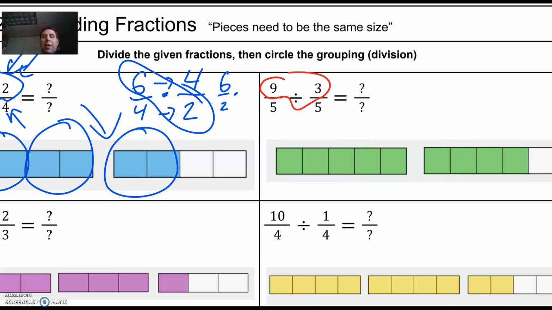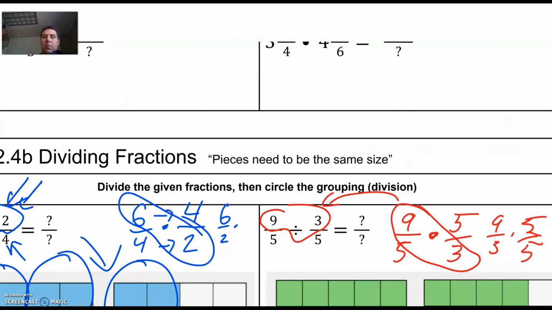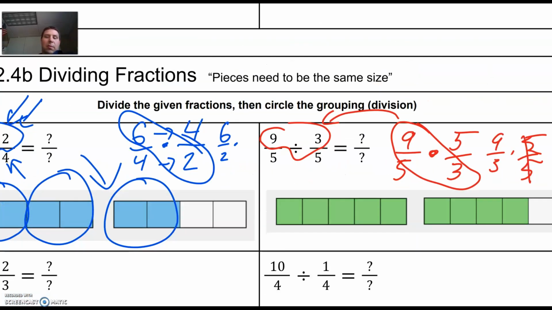Well, let's look at the whole thing: keep the first fraction, we're going to multiply, and then we flip the second fraction. Notice we're dividing 9 by 3, which is the same thing you see here. The 5's are going to cancel because this is 9 divided by 3 times 5 over 5. Those cancel, and then you're left with 9 over 3, which is 3.